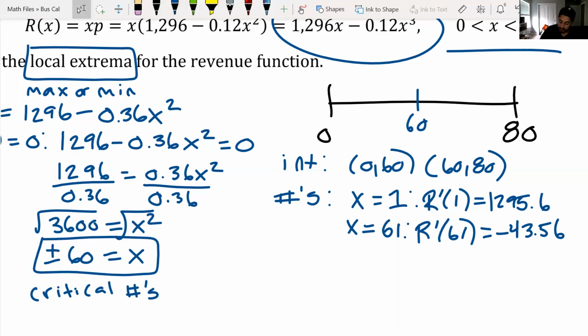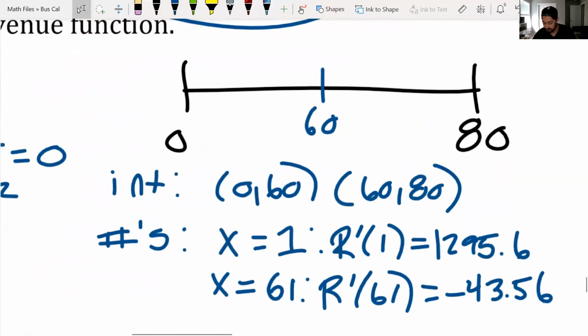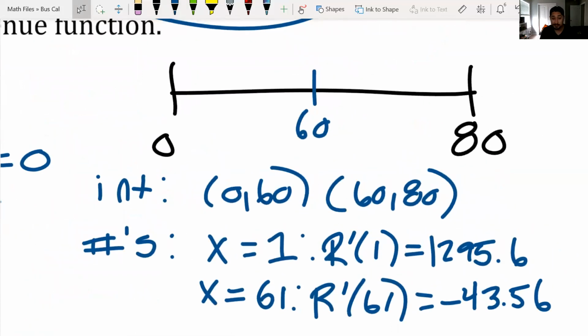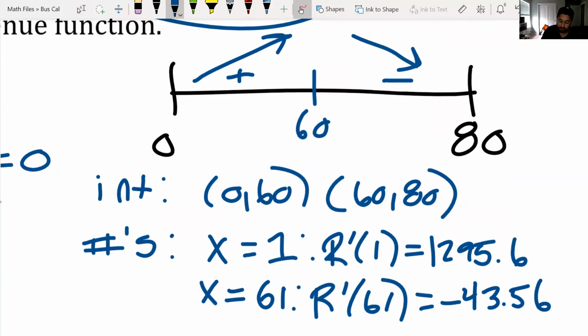Okay, now let's analyze our sign chart. From 0 to 60, we get a positive output. Remember, don't care about the number. I get a positive output. So this means that the derivative is positive, which means we are increasing. And then from 60 to 80, we get a negative output, which means that we are decreasing.